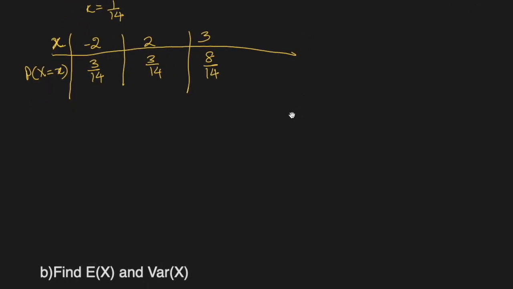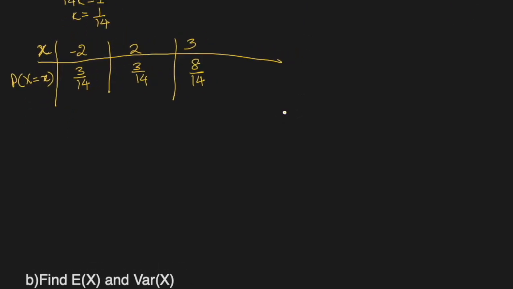Find E(X), the expected value of x, and the variance. Okay, so let's start with the expected value. The expected value of x will be sigma x times p(x). So x is -2, 2 and 3, and p(x) is their respective probabilities. So we'll multiply them individually, and sigma means add them.